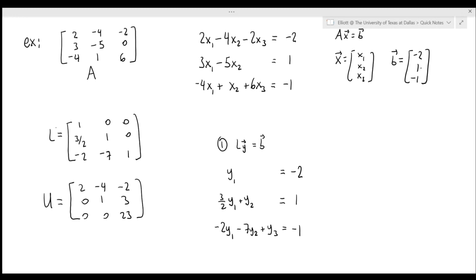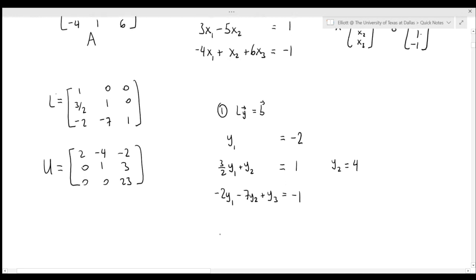So because L was lower triangular, we already know y1. Now we're going to substitute it in the next equation, and then we can solve for y2. So let's see, y2 is going to equal 1 plus 3. So I think y2 is equal to 4. And then substituting y1 and y2 into the last equation, let's actually write this one out.